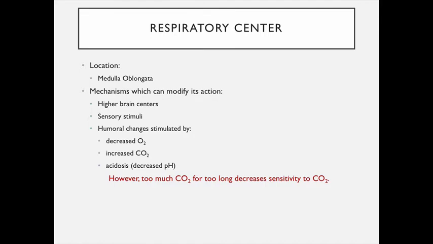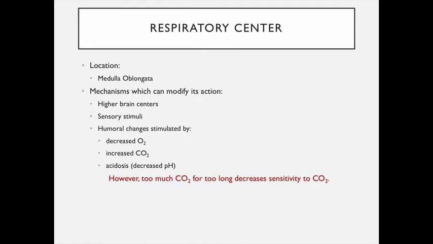When blood concentration of carbon dioxide increases or hydrogen ion concentration increases, that stimulates the respiratory center to increase ventilation. Essentially what we're trying to do is increase the expiration of that carbon dioxide. So when we breathe fast, we hyperventilate, that causes us to expire carbon dioxide, which brings carbon dioxide levels down, which in turn brings hydrogen ion levels down, which would then, of course, bring pH up.